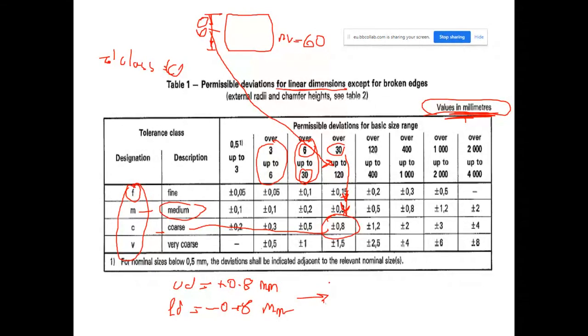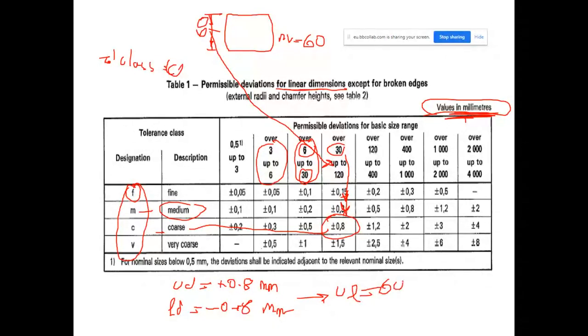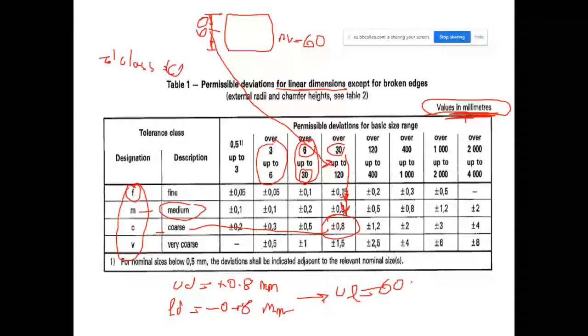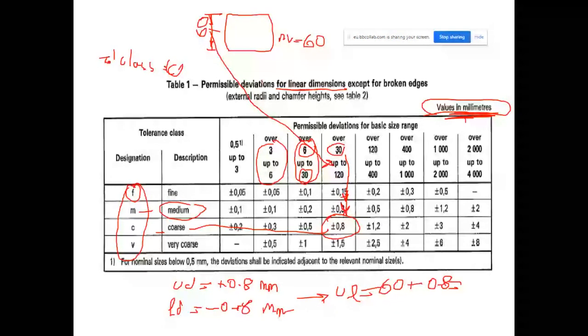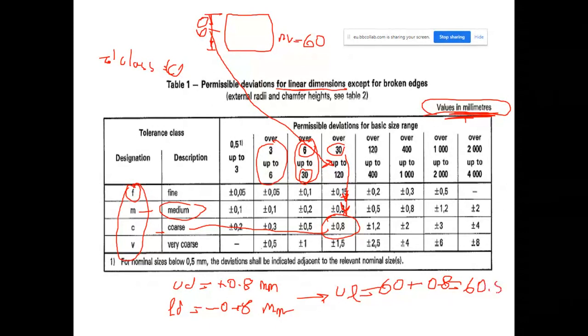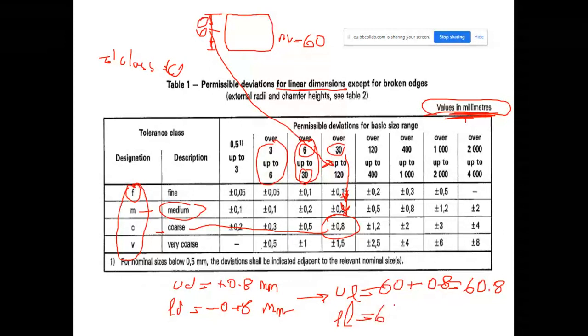And then one more step, upper limit is equal to 60 nominal value plus upper deviation 0.8. In this example, this means for the height of the object, upper limit is 60.8 millimeters. Okay, lower limit is equal to 60 plus lower deviation, it is negative, minus 0.8.